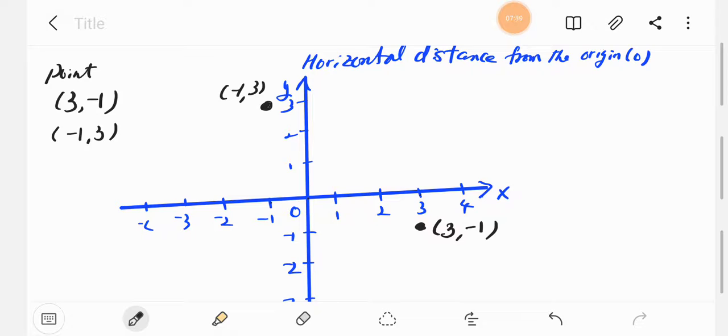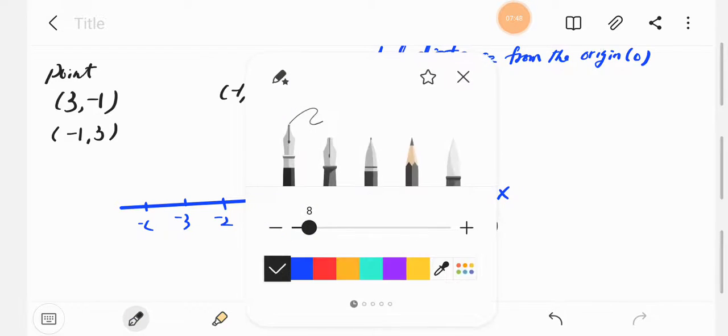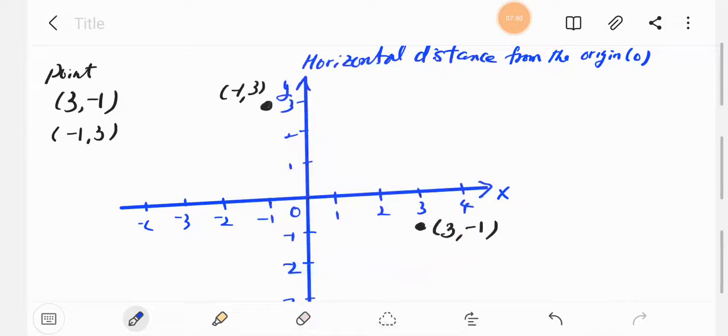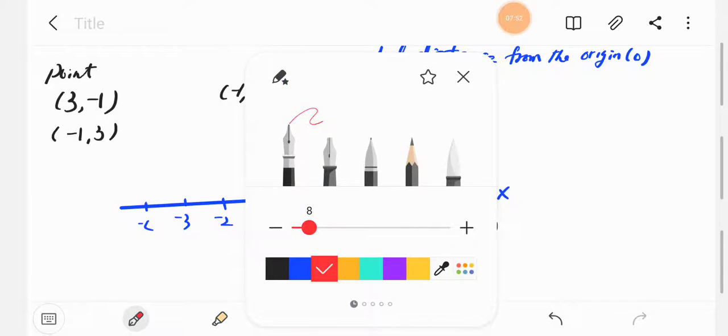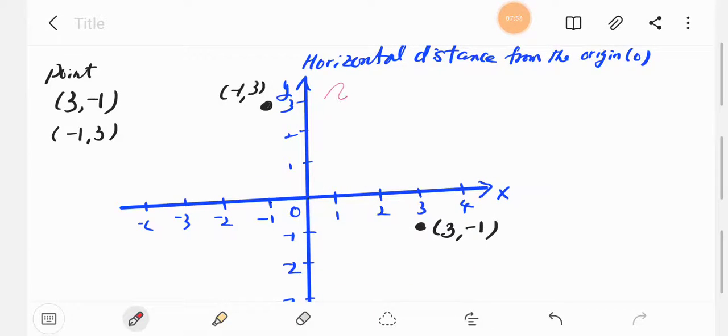Okay, then can you name this point? Let me write here. Here is a point. Let me draw it like this, a little dot, because we want to make sure of the values of x and y.